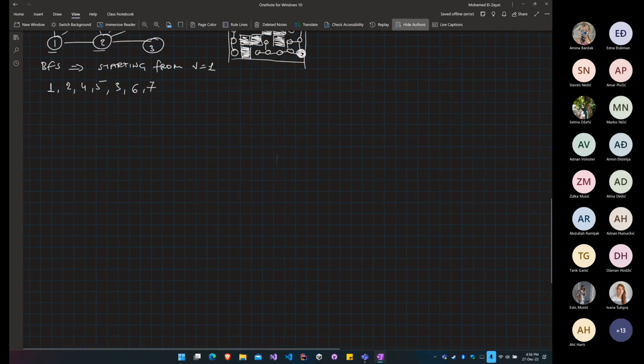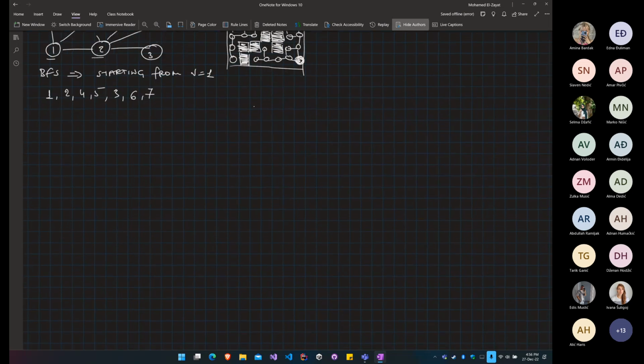If you look at BFS on a binary tree, though, it's actually quite interesting. So if I have 1, 2, 3, 4, 5, 6, 7.